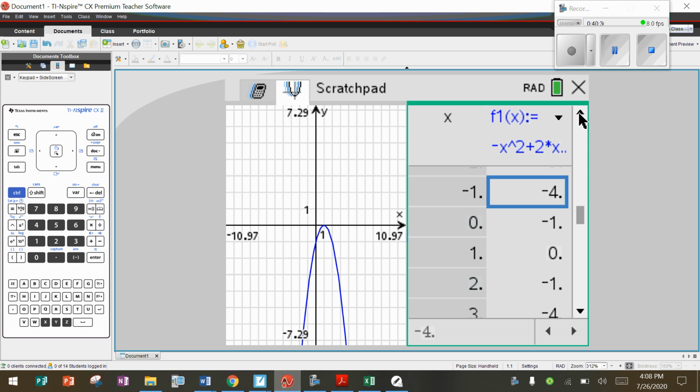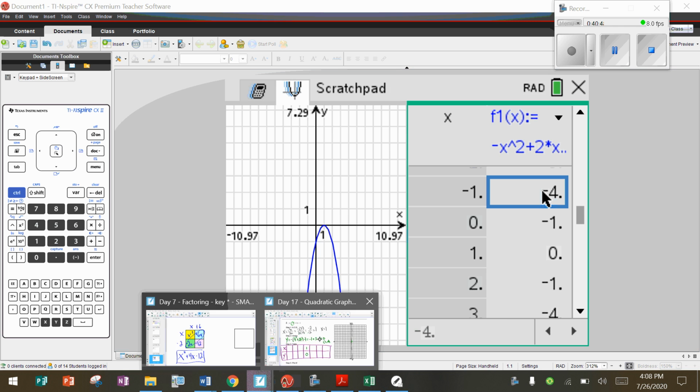I know that the axis of symmetry is at x equals 1, so that means I also know that the point 1, 0 is our vertex, and I should see symmetric y values from that vertex up and down from the table. So I have 0, negative 1, negative 1, negative 4 as a couple pair of points.